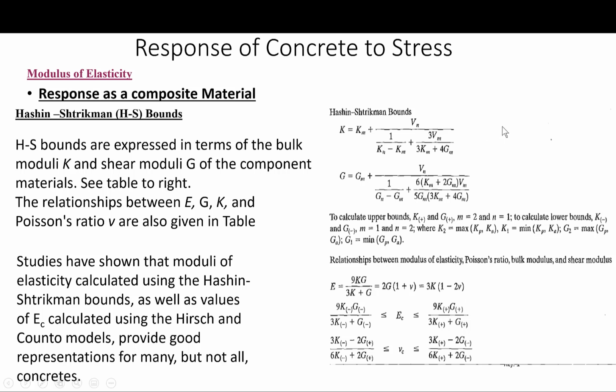Studies have shown that the moduli of elasticity calculated using the Hashin-Shtrikman bounds, as well as the values calculated using the Hirsch and Counto models, provide good representations for many, but not all concretes.